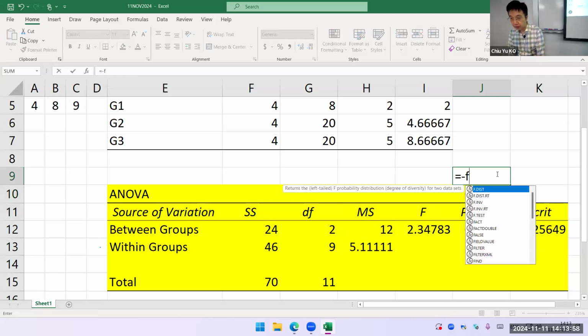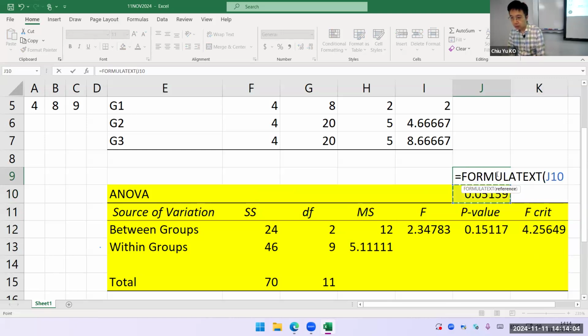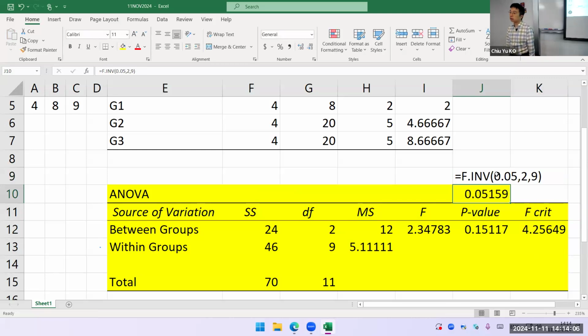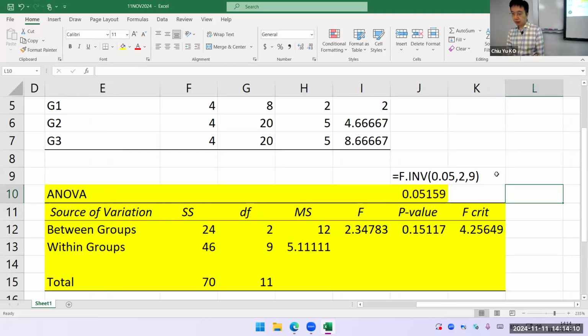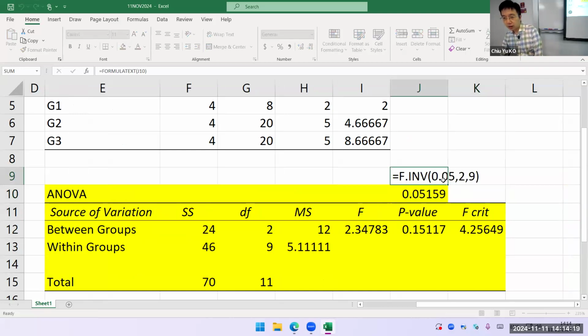So just to show you the formula there. This is the one we mentioned. Oh, sorry, I made a mistake.